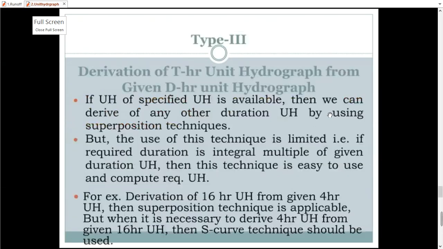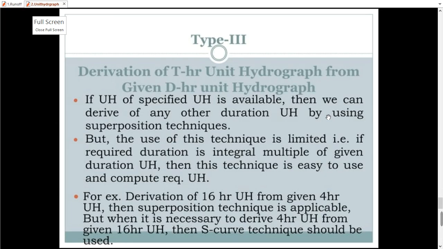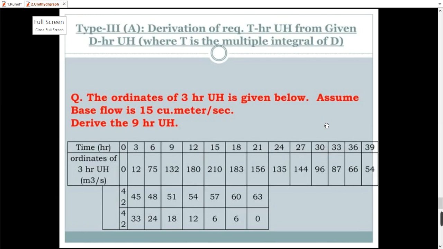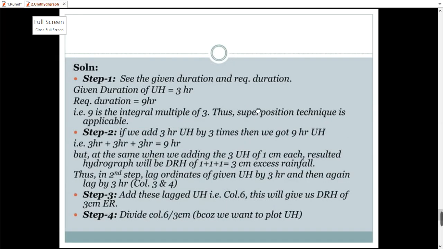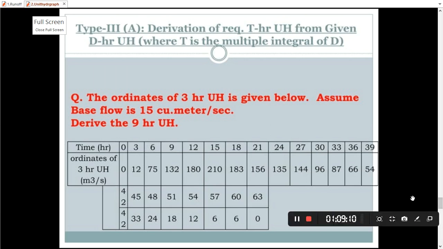Very simple calculation. You understand? I will give this PDF. Very easy. Simply adding, subtracting, multiplication. You understand? Right? How to convert the UH to DRH with the given ER. ER, what is the ER? ER means excess rainfall, right? Okay, we will see later.